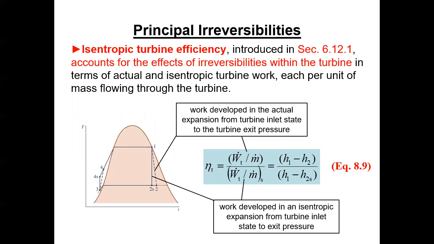For 1 to 2, we have some entropy increase, and to know what that is, you have to be given enough actual properties at 2 to find the state, or you have to be given the isentropic efficiency of the turbine.